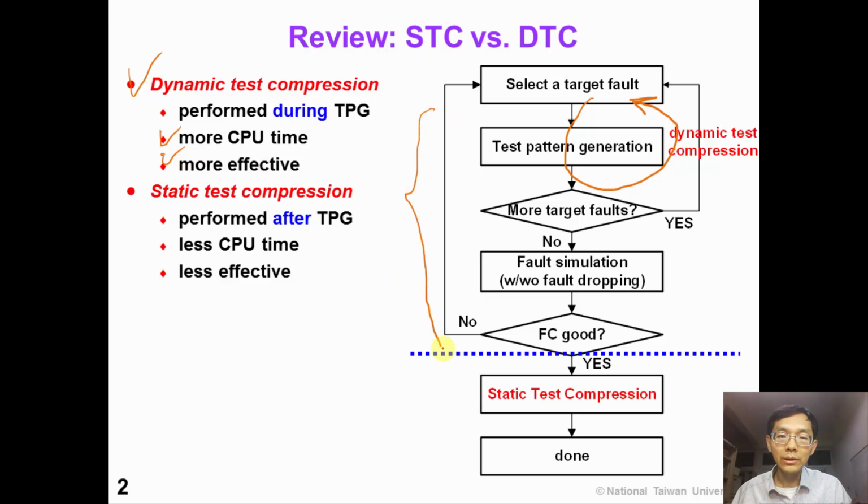When we finish test generation and we are satisfied with the fault coverage, we can then move on to static test compression. Static test compression is done after test pattern generation. It is potentially faster but less effective than dynamic test compression.